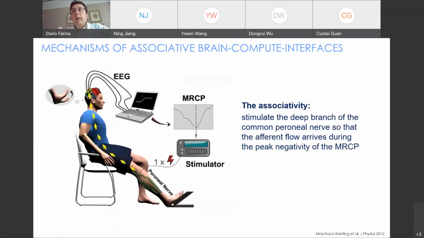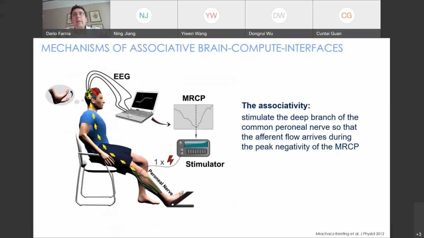We started with experiments that were mimicking the classic pair stimulation experiments that I have shown you before. Specifically, we recorded EEG, so this is the BCI part, and then we stimulated the peroneal nerve, and the stimulation was triggered by specific characteristics of the brain waves that we detected.